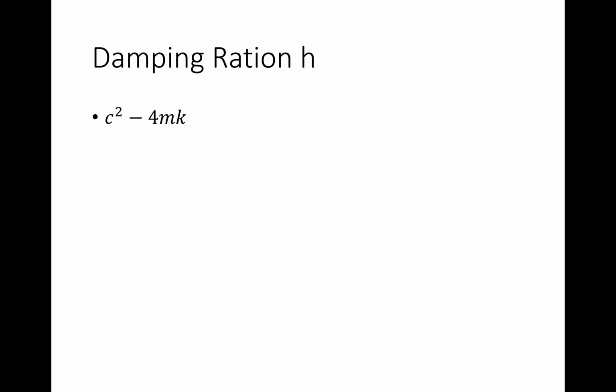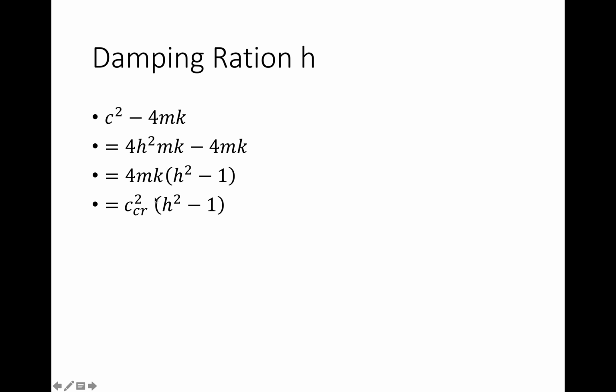Okay, let's take a more detailed look at this part under the square root. We know that it becomes 2h omega, so 4h squared mk minus 4mk. And it will be 4mk times h squared minus 1.